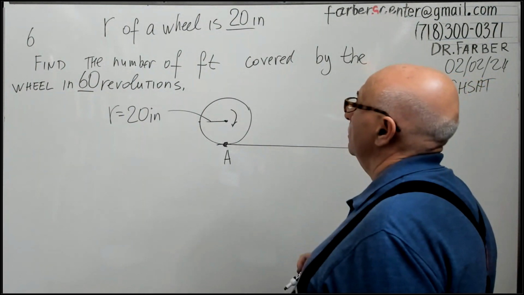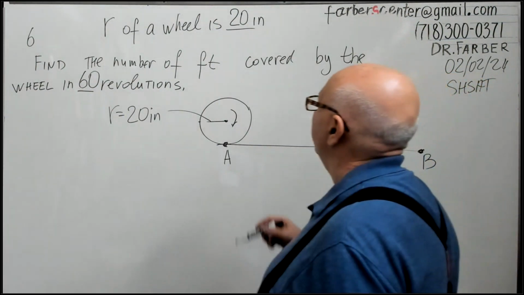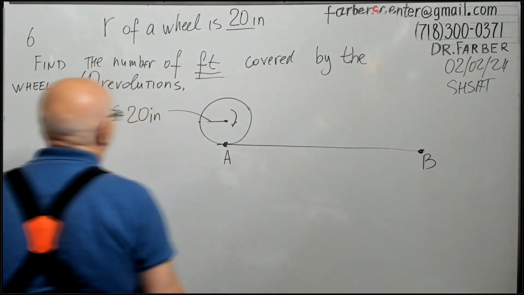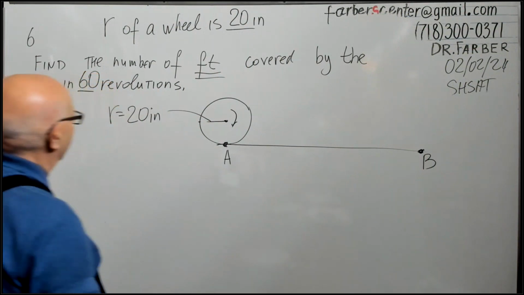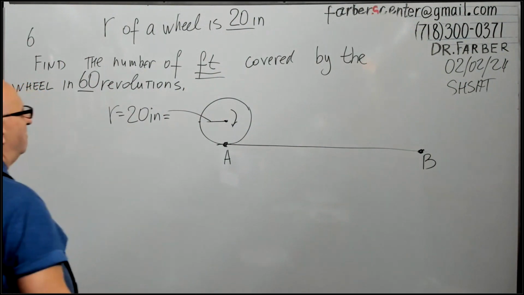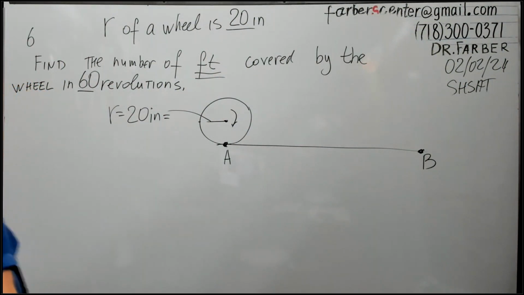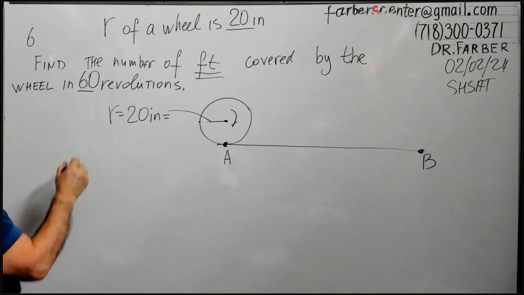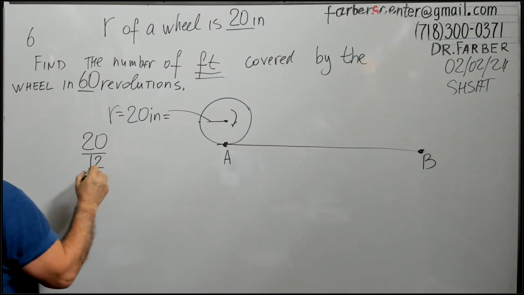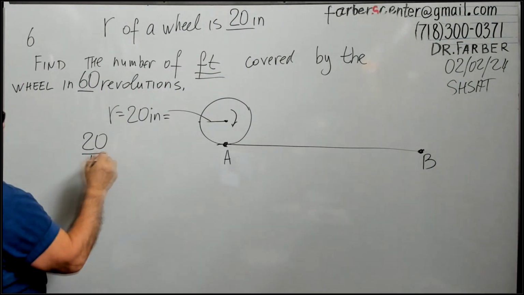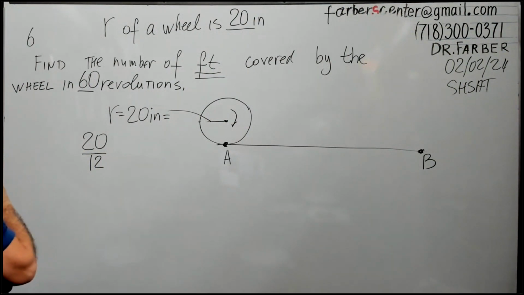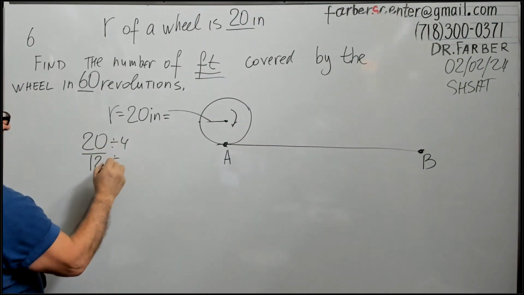And they ask you number of feet. Like we did before, first of all, convert inches to feet. 1 foot is 12 inches, right? It would be 20 over 12 feet. Or I can simplify by 2, or by 4. By 4.